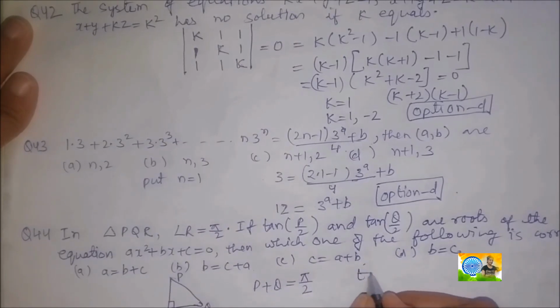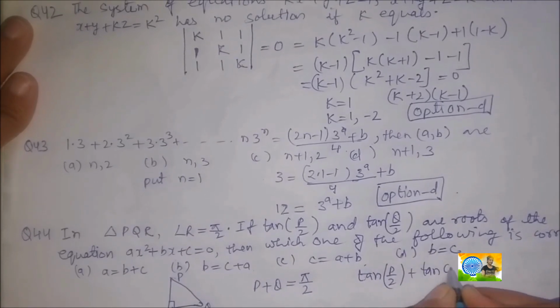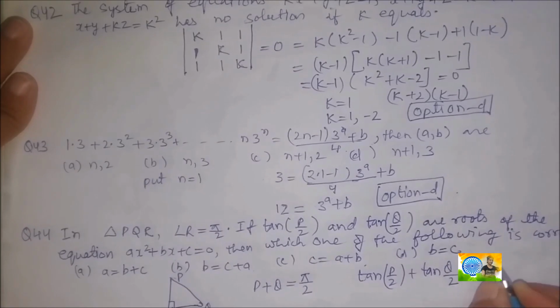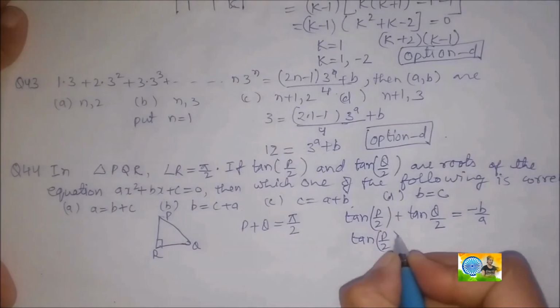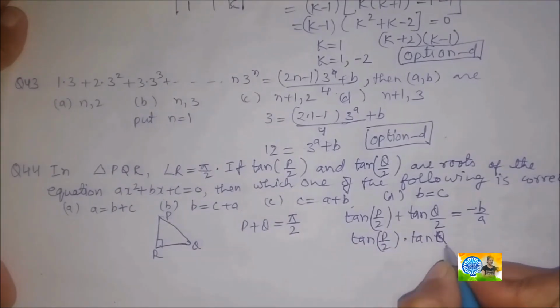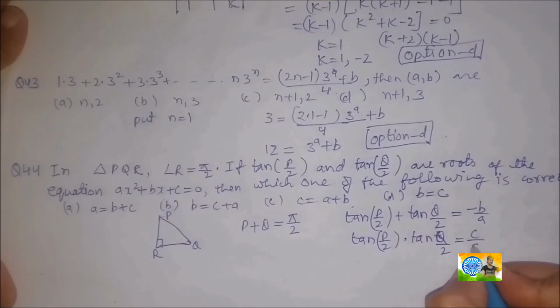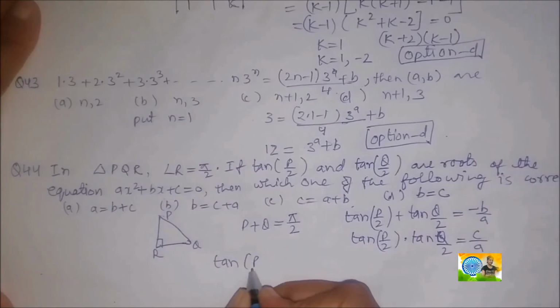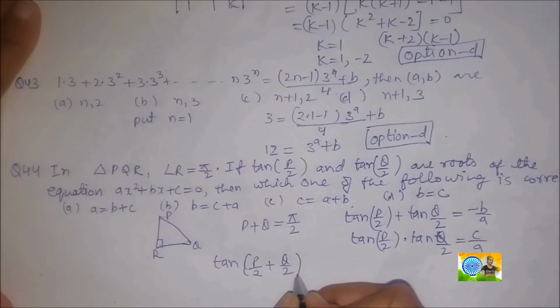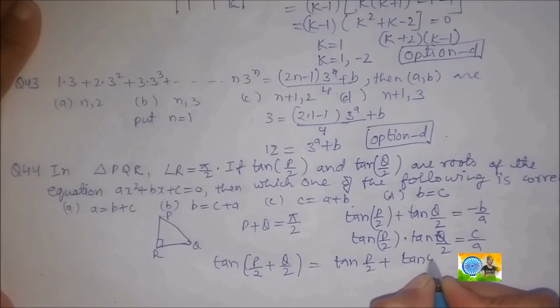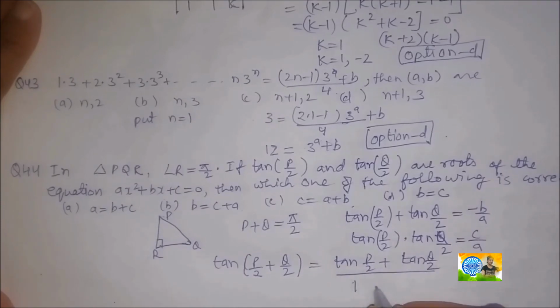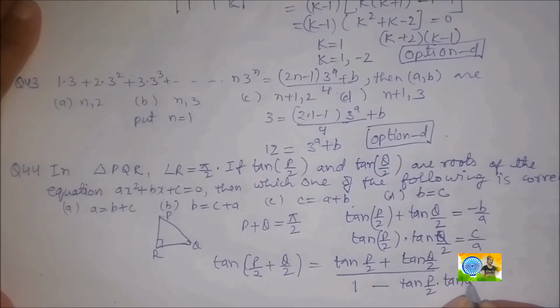It means sum of roots, that is tan P by 2 plus tan Q by 2, is equal to minus b upon a. And product of the roots, tan P by 2 into tan Q by 2, is c upon a. Now tan of (P by 2 plus Q by 2) equals tan P by 2 plus tan Q by 2 upon 1 minus tan P by 2 into tan Q by 2.